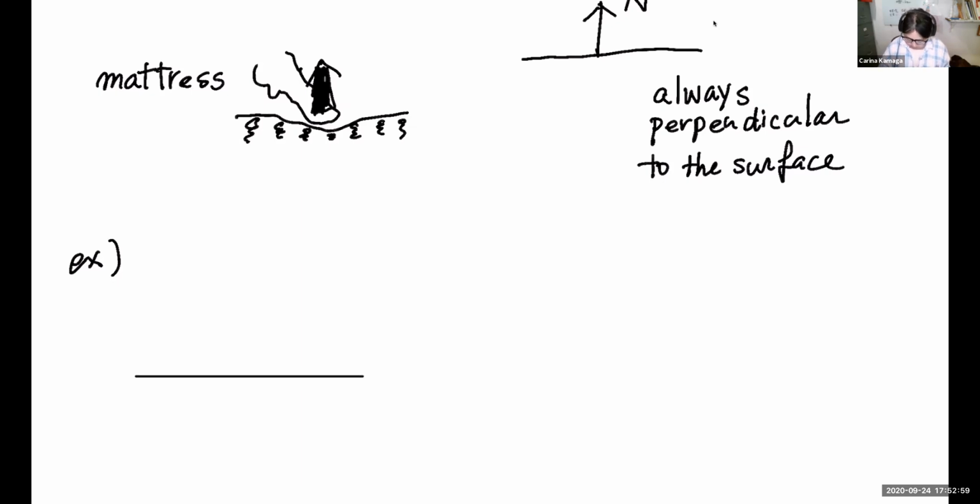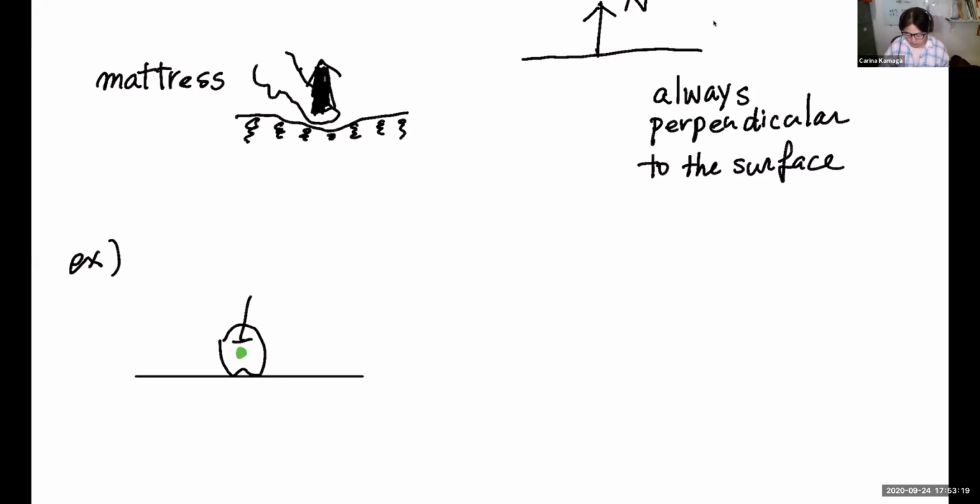So here's an apple that rests on a table, let's say. And what are the forces exerted on the apple? If you want to find out the forces exerted on the apple, you draw a little dot. This is the object that you're looking at.